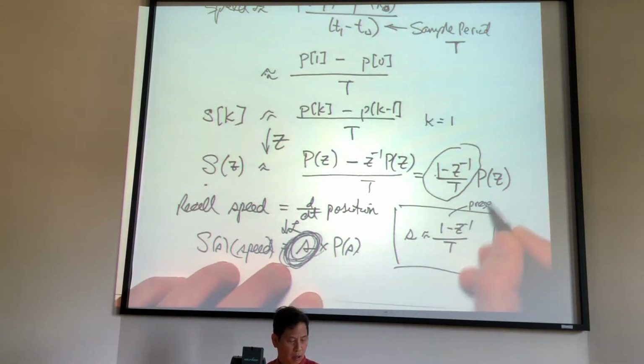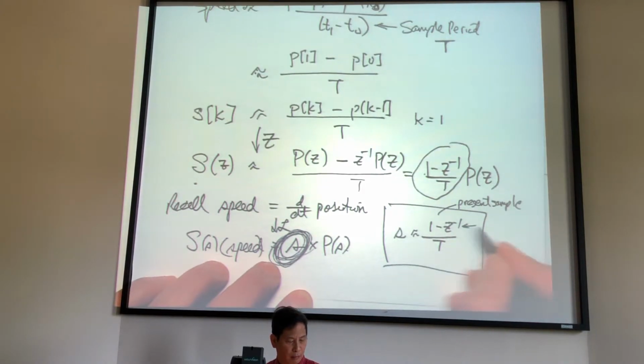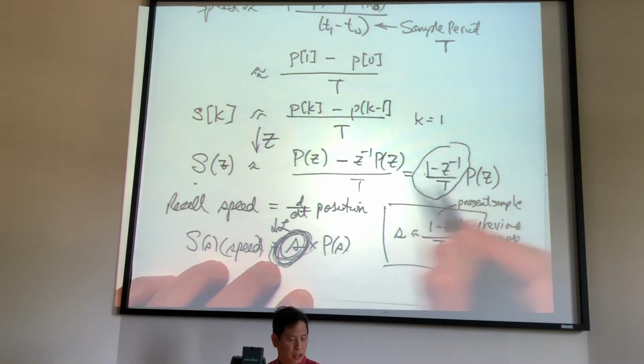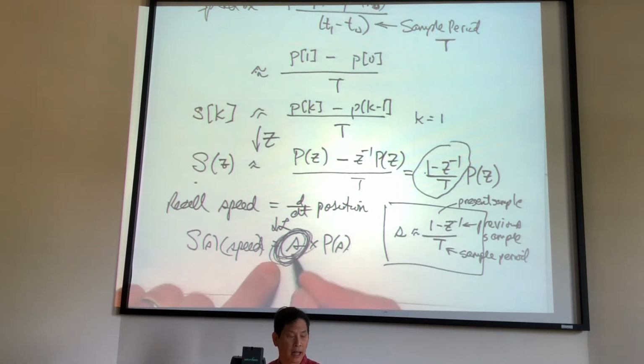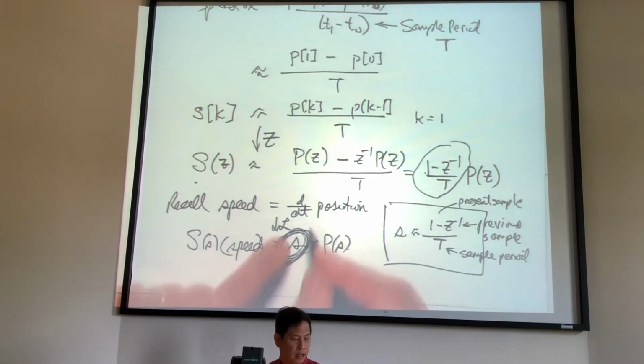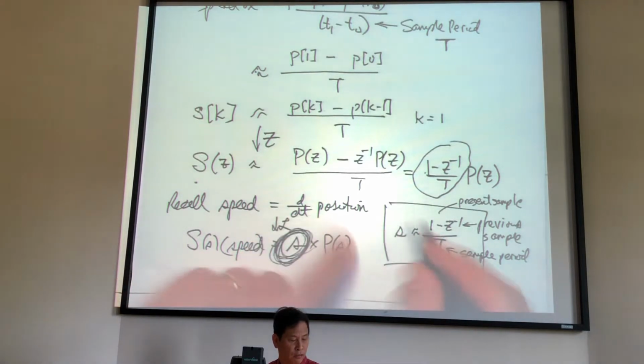Present sample minus the last sample, previous sample, and this is the sample period. Multiplying position by this expression is equivalent to multiplying position by s. Multiplying by s is equivalent in time as differentiation.